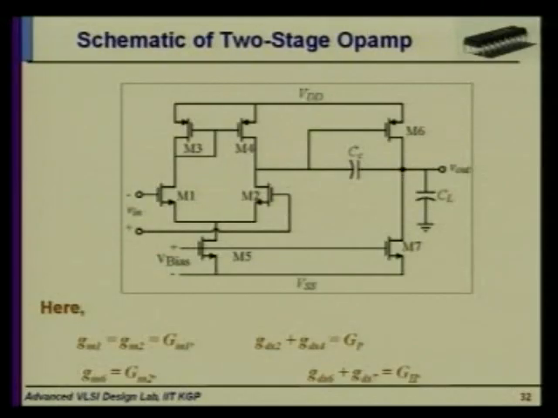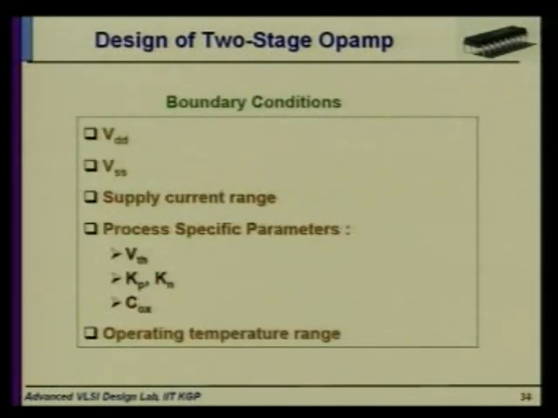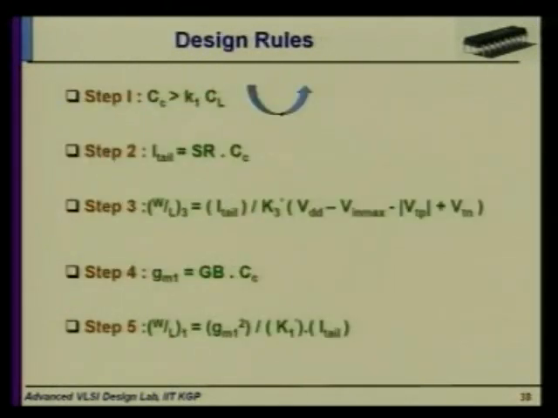What is the tail current? That is the I5. I5 means in the circuit the current through the M5 transistor, that is the tail current. That means ITEL is equal to I5. In the calculation I will just put I5, and in the final value I will replace it with the tail current ITEL.